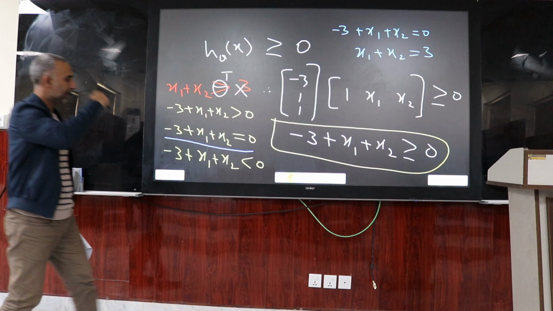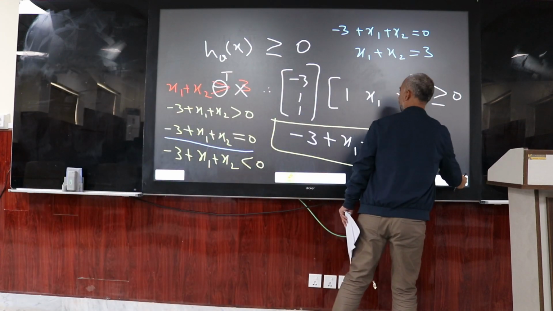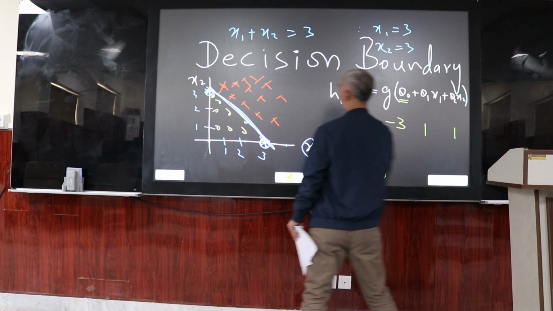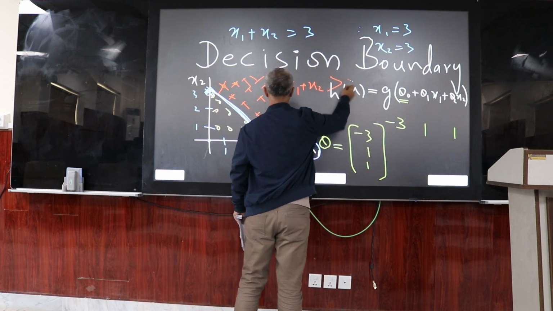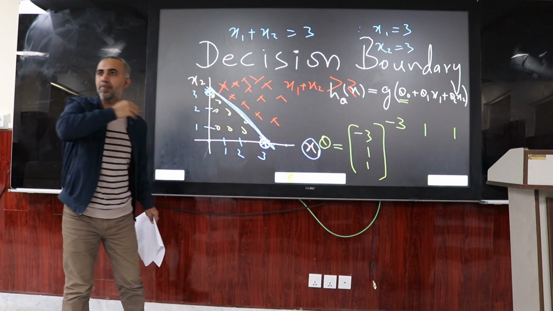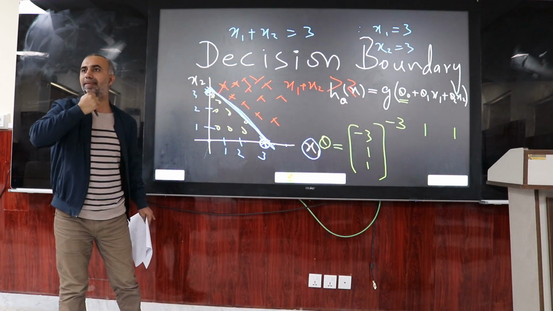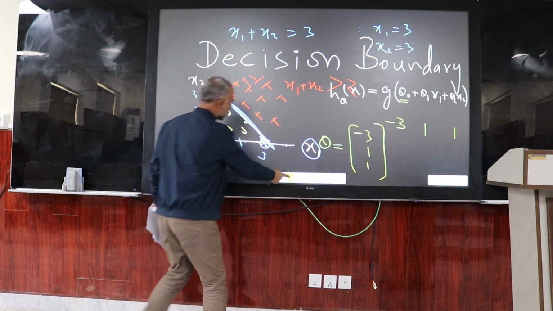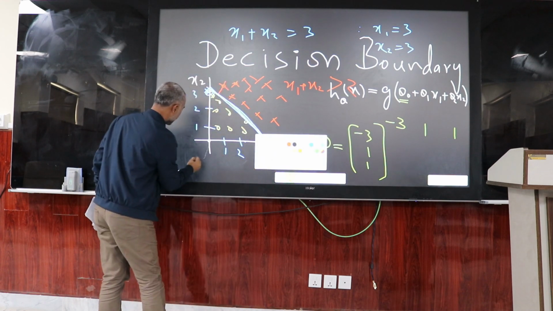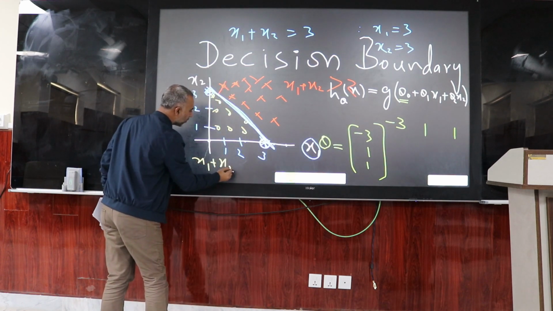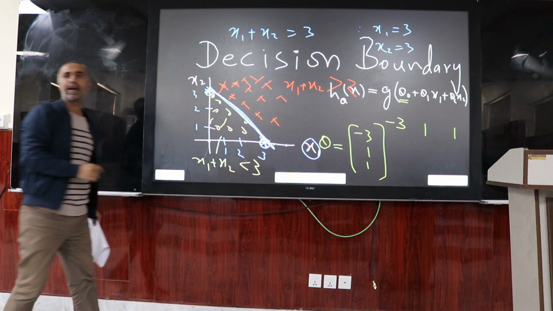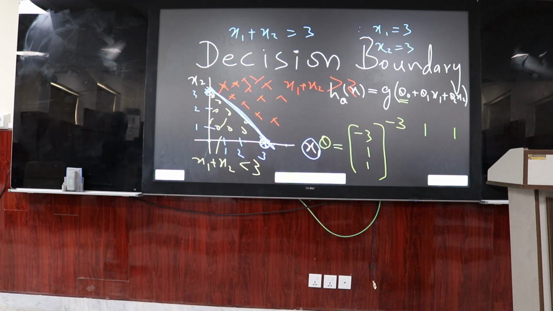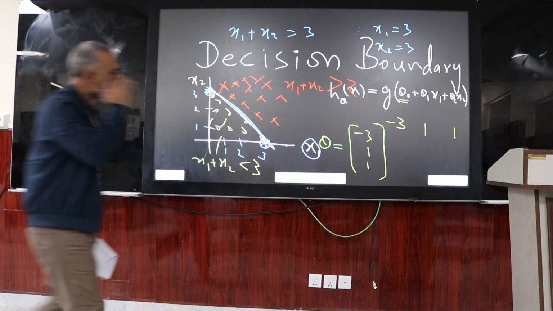This will tell this region, x1 plus x2 greater than 3, that is 4, maybe 5. Are you getting my point? Malignant. If you are talking about x1 plus x2 less than 3, then you are talking about this area. Benign. This is a decision boundary in case of a line. So the things are simple.